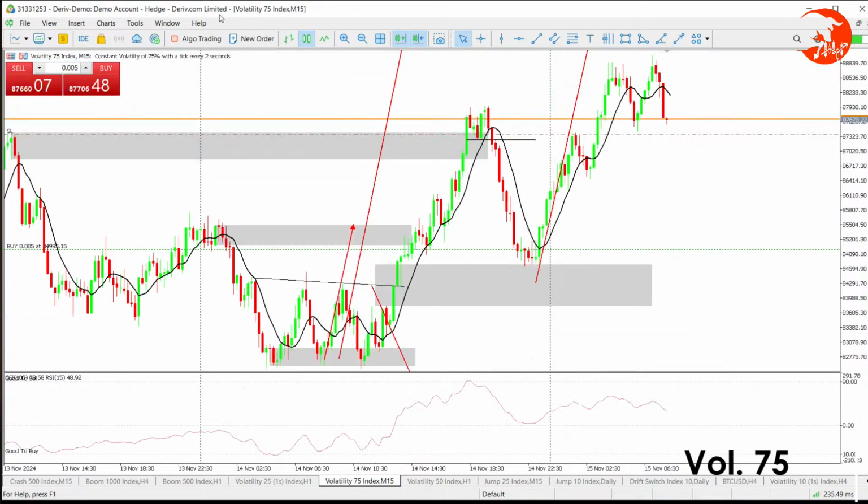So what we can anticipate is maybe the retracement of this move on M15, but do we have any liquidity left back? I don't see it, probably on that level, which has been mitigated here.